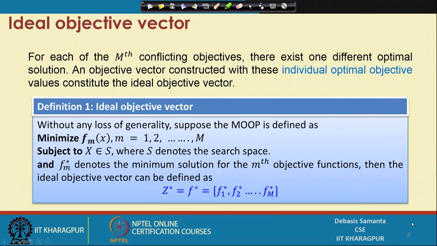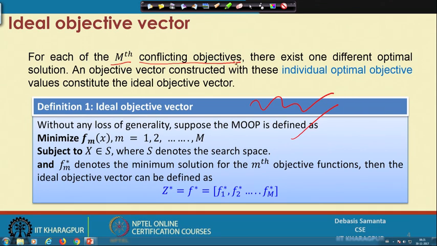Now, let us consider for our discussion that there are m number of objective functions, and these are conflicting objectives. Conflicting objective means if you try to minimize both, say, f1 and f2, then when you minimize f1, f2 is not necessarily minimized, or vice versa.